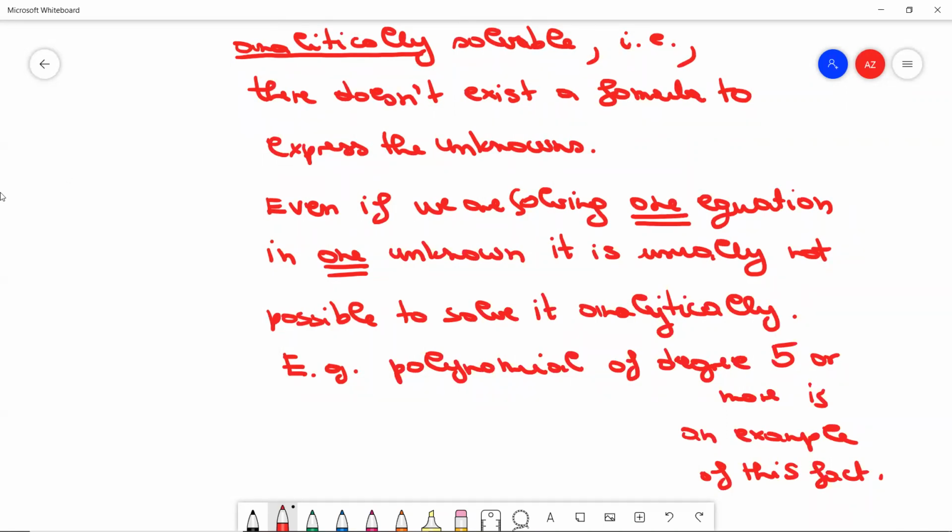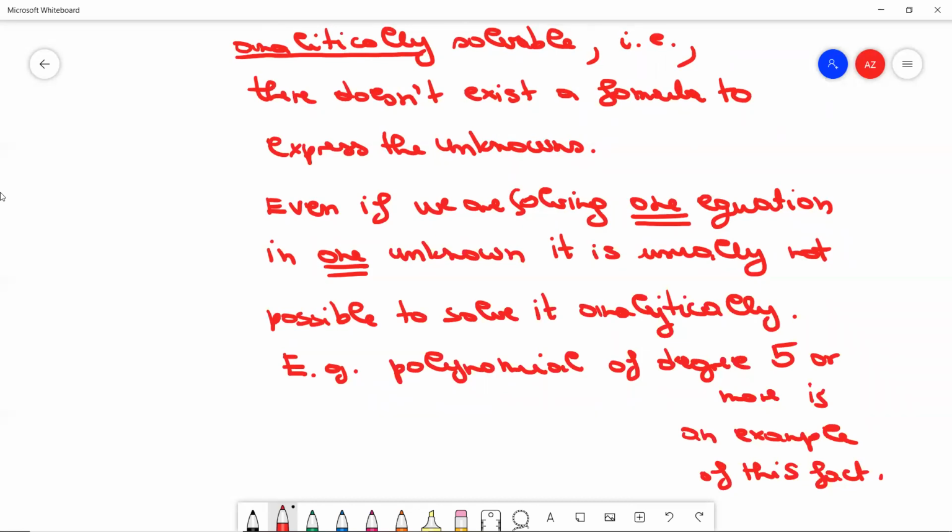If you have a polynomial of degree 2, then we all know how to express both solutions. We have a formula for x1, x2, and we can calculate its roots explicitly. And there are formulas to solve a polynomial of degree 3. They are much more complicated, but they exist. And even more complicated formulas for degree 4 polynomials.